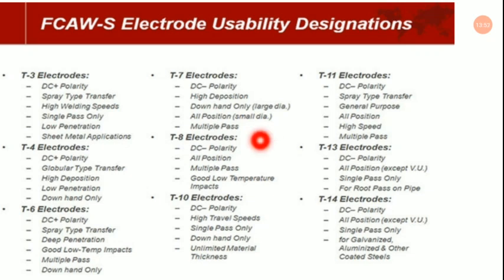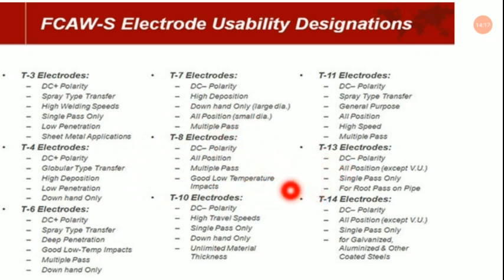Like if you go for this T7, you can see that all position welding is possible, but only small diameter is possible for this T7. And DC polarity, generally all are using DC current actually, but some of them are using positive, or some of them are using the negative polarity as well. But all of the electrodes are mainly designed for the DC power supply generally.